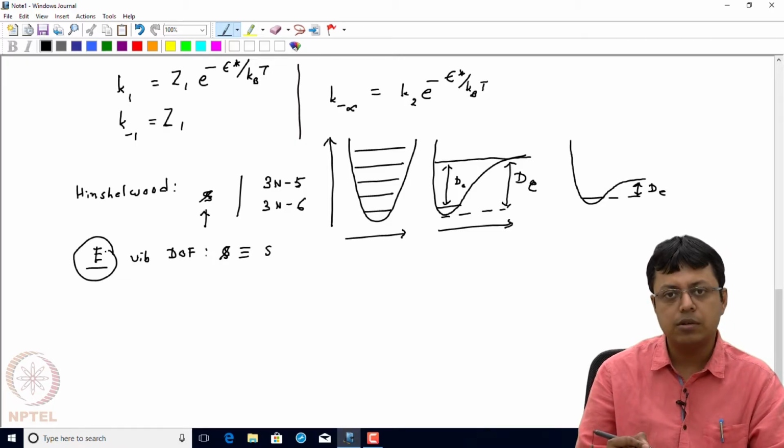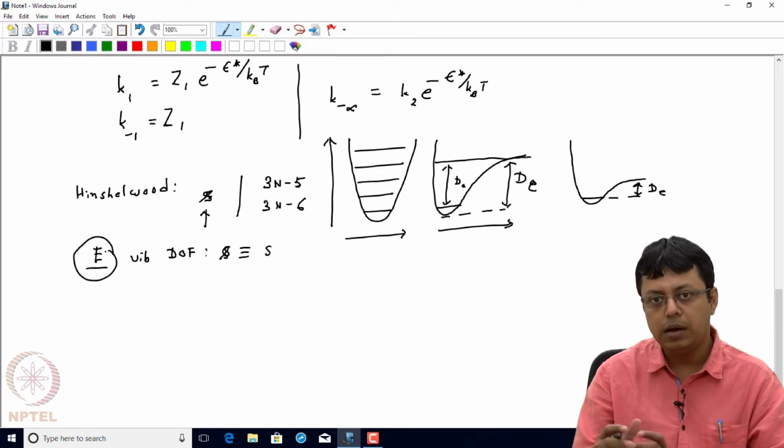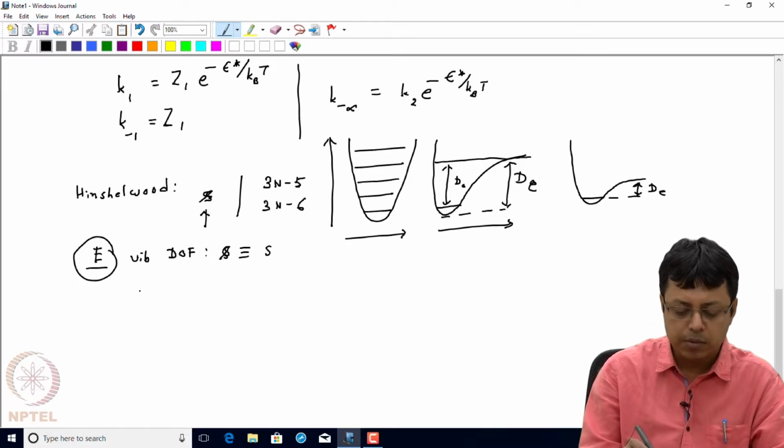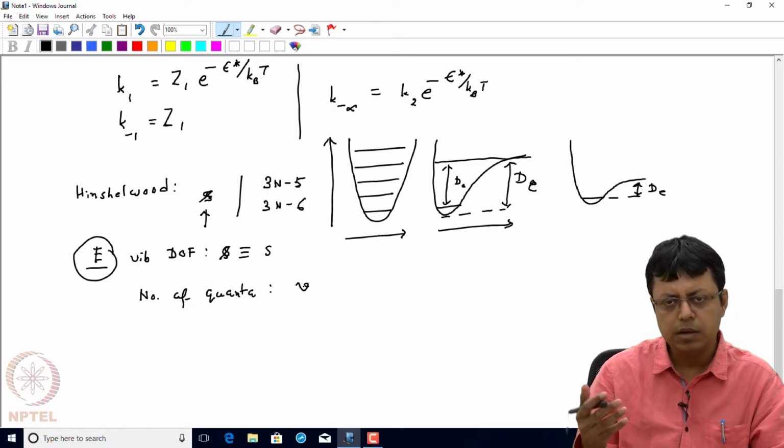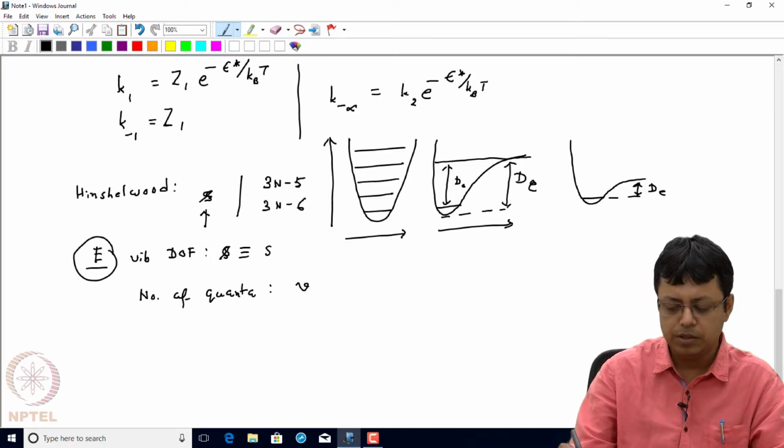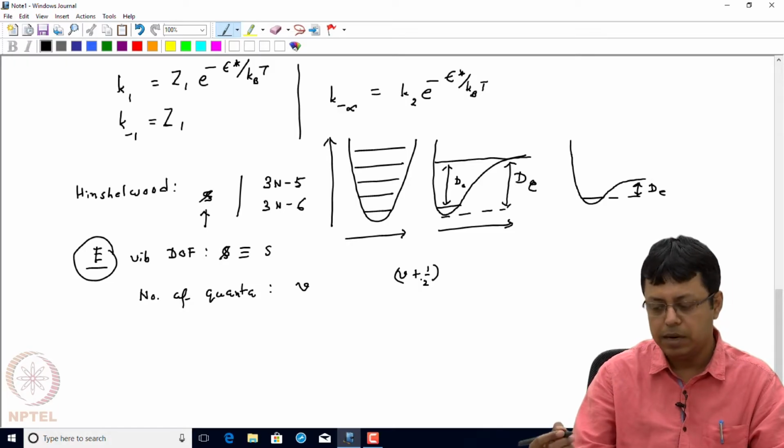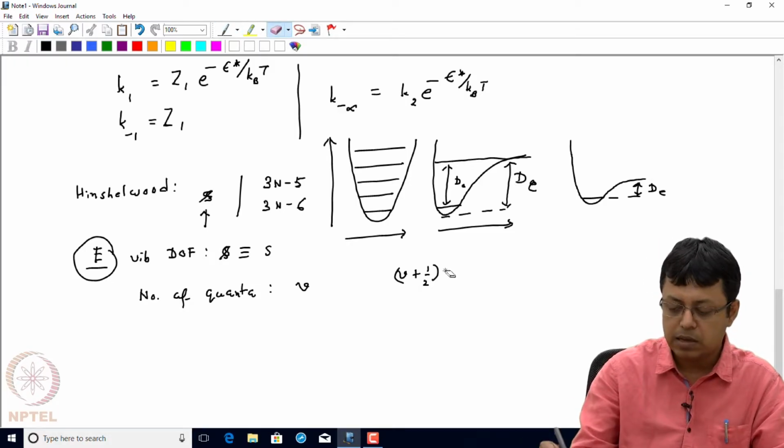Now, for a harmonic oscillator, instead of the total energy, I can talk in terms of the number of quanta. Let us say, for example, I have 10 quanta in a particular vibration, so the total energy will be 10 plus half h bar omega, 10 plus half h nu, something like that. I am writing the number of quanta as V, because V is typically the symbol you use for the harmonic oscillator quantum number, so you write V plus half h bar omega.